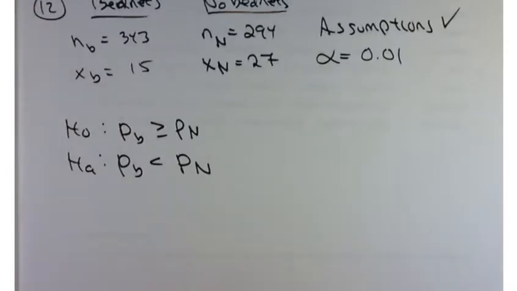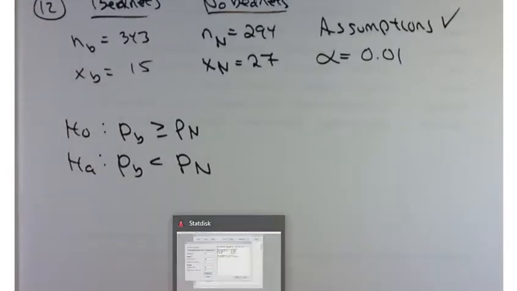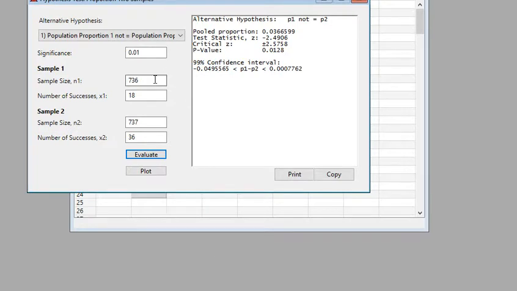Okay, let's do this in StatDisk. Now I'm just going to edit the stuff that I already have here. I think you're comfortable with getting this. This is analysis, hypothesis test, and then 2 proportions, 2 samples.